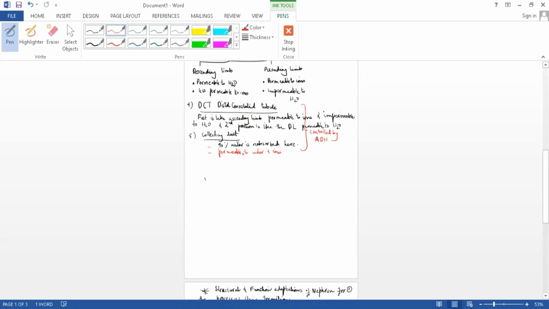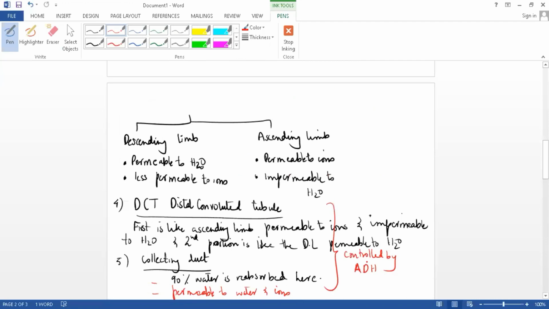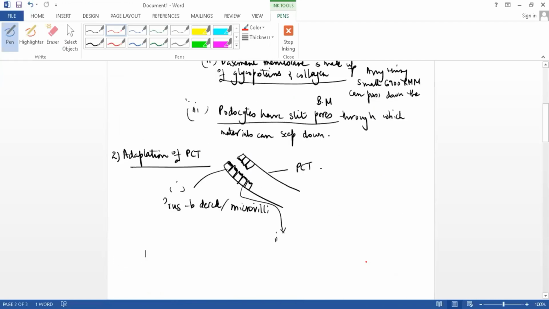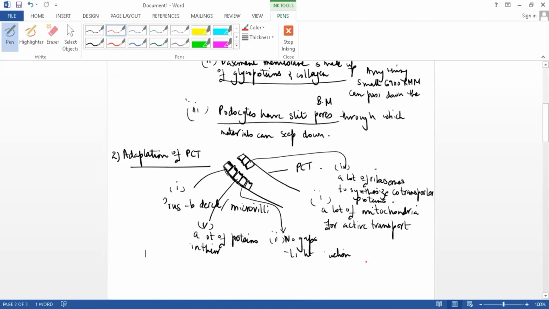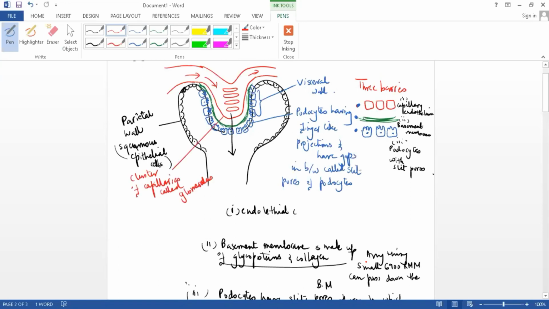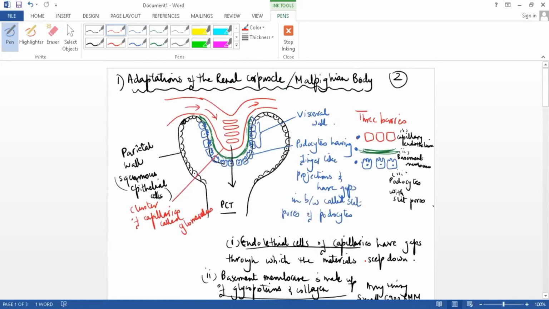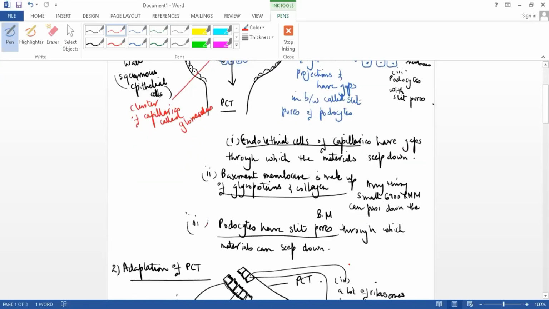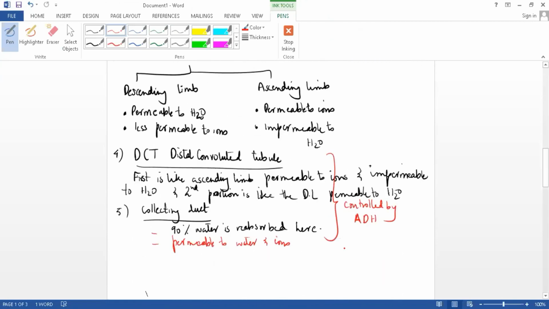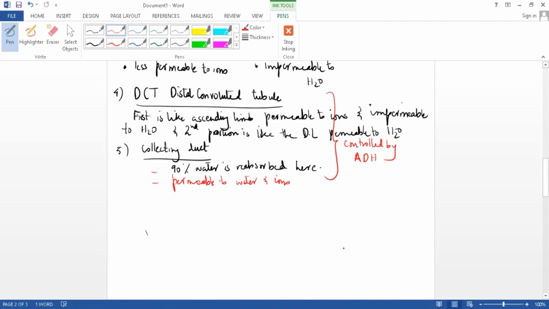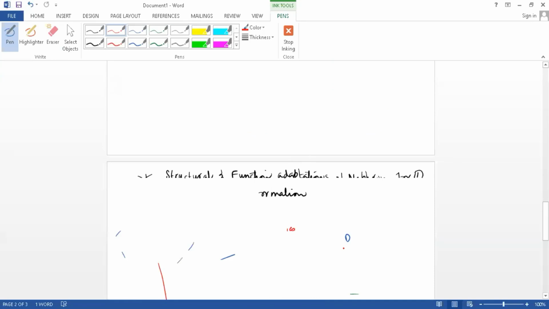Then the collecting duct is permeable to both. 90% of the water is reabsorbed in the collecting duct, and both the collecting duct and distal convoluted tubule are under the control of the ADH hormone, which controls how much water should be excreted out of the body and how much should be restored back into the body, depending on the conditions and the water intake of a person.